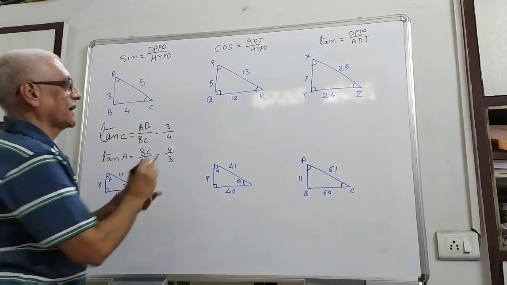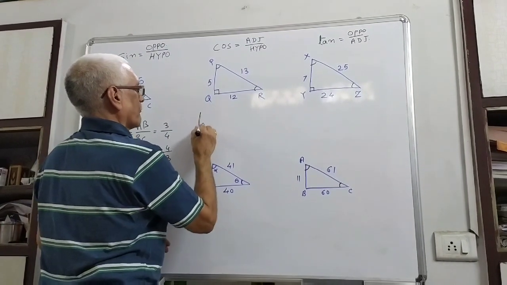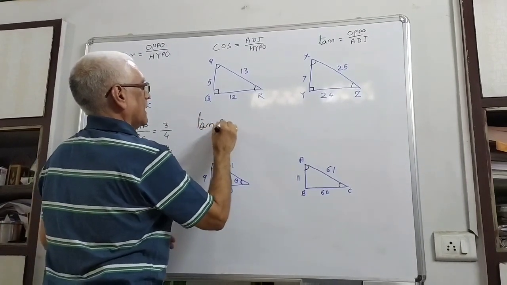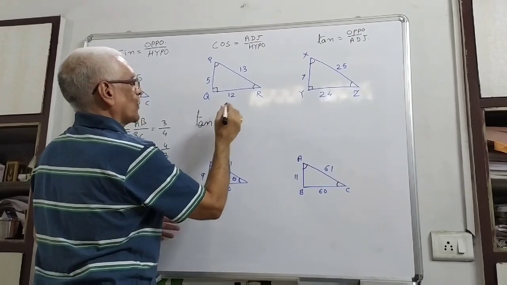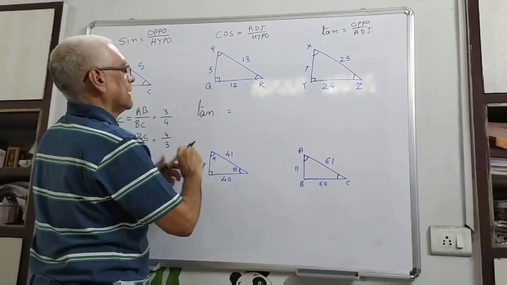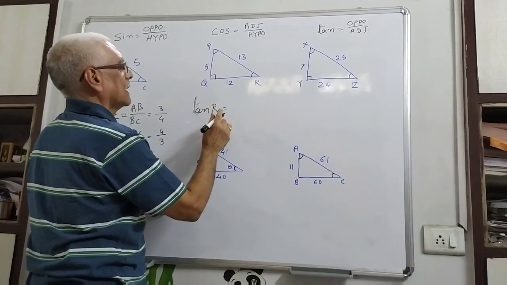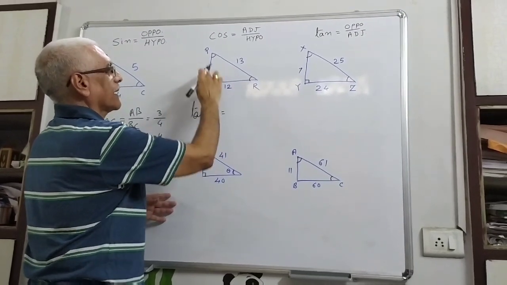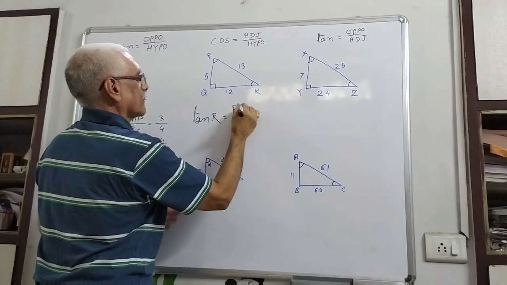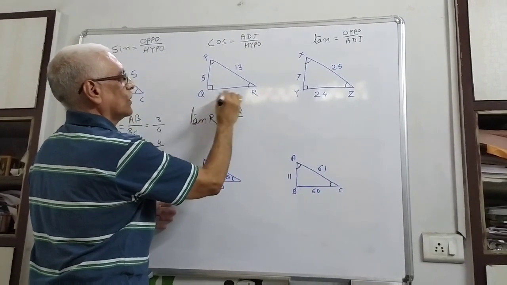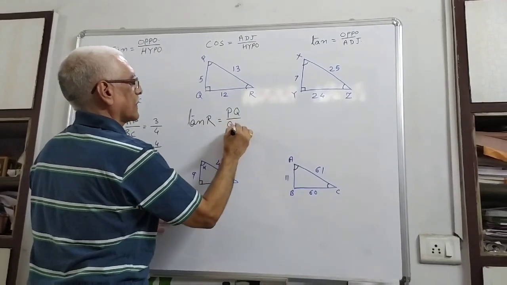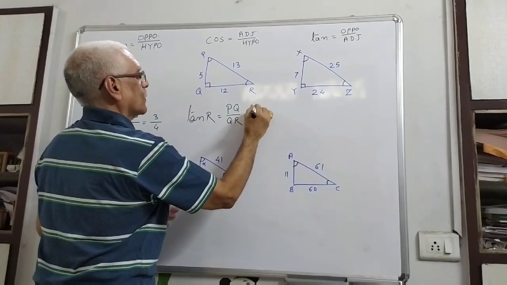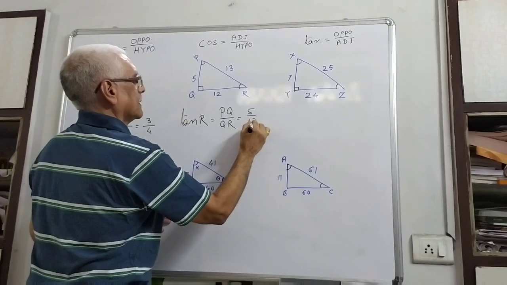In this case, if you consider tan R, tan is equal to opposite side upon adjacent side. So opposite to R is PQ and adjacent to R is QR. So tan R is PQ upon QR, that is 5 upon 12.